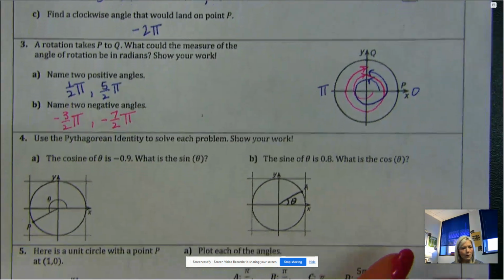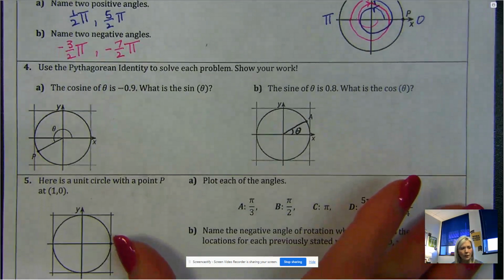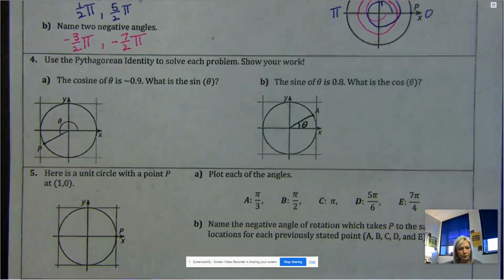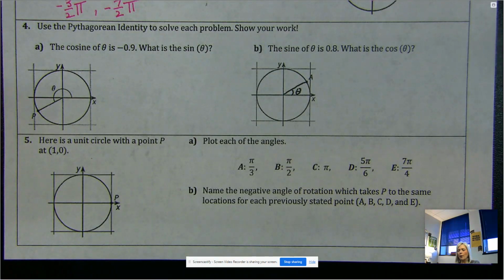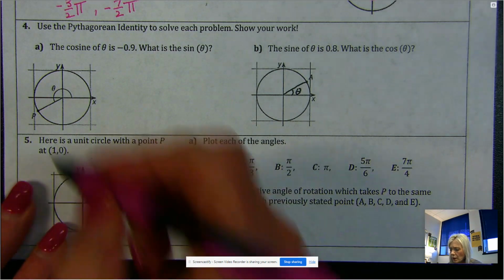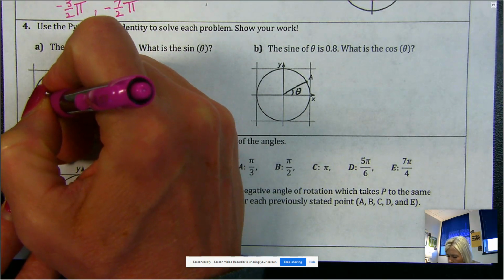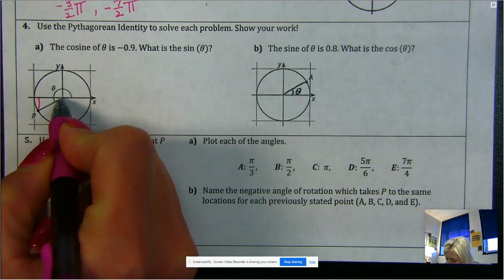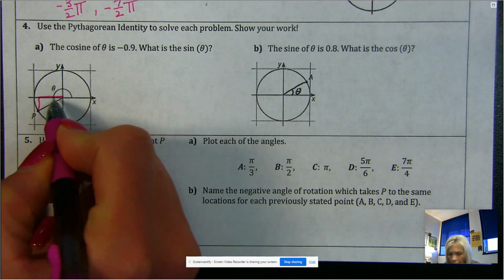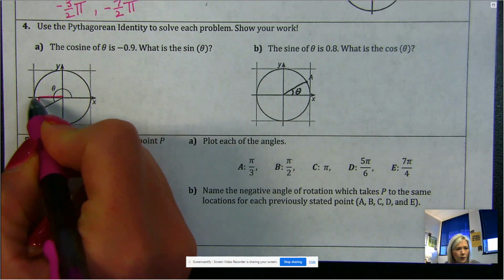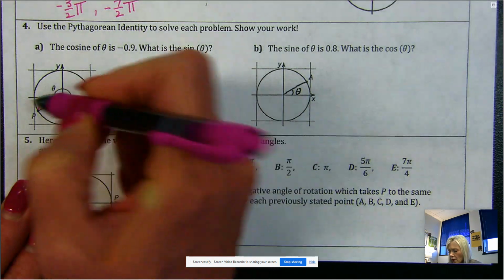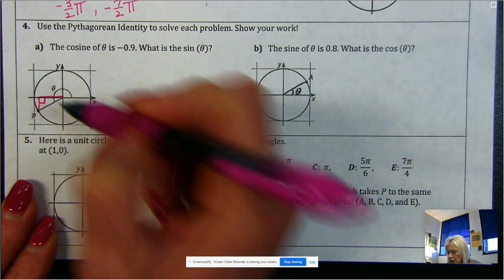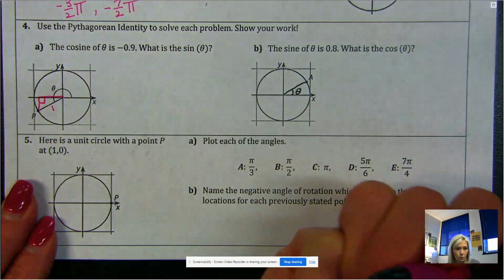All right, I'm just going to do one of these down here in number 4. Use the Pythagorean identity to solve each problem. Remember, the Pythagorean identity comes from the Pythagorean theorem, knowing that if you have a point on the circle, the distance for x is the cosine of the angle, the distance for y is the sine of the angle, and these make legs of a right triangle with a hypotenuse of 1.